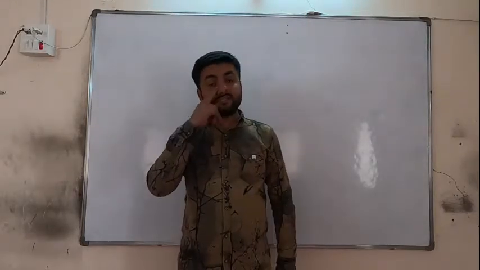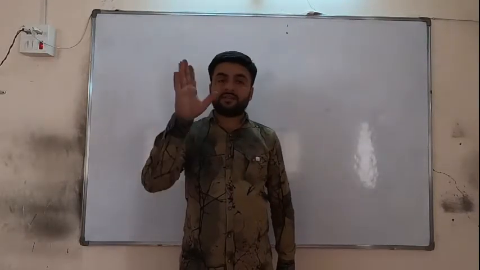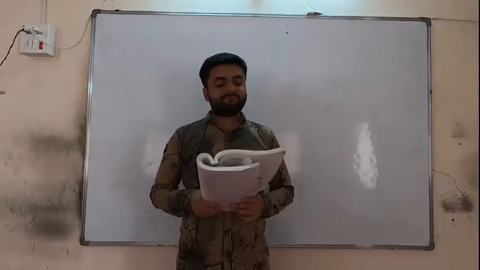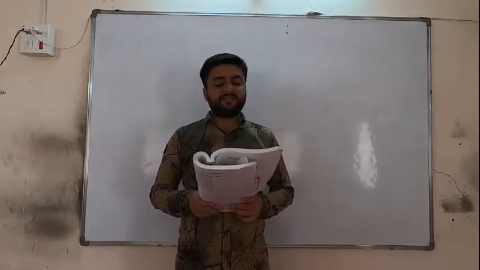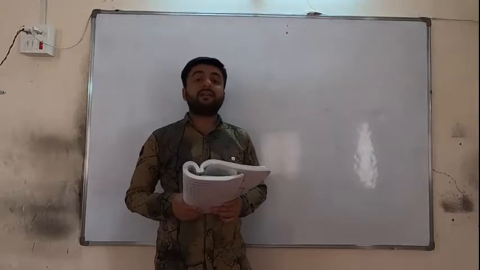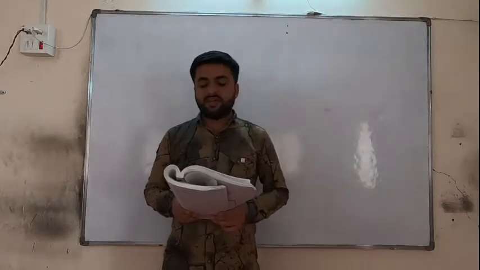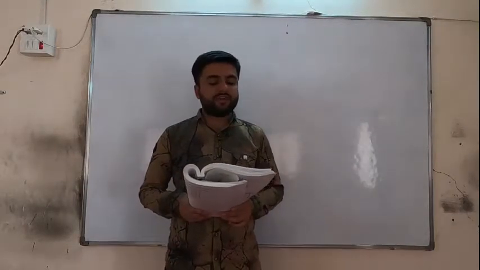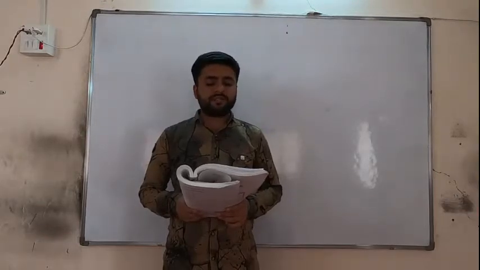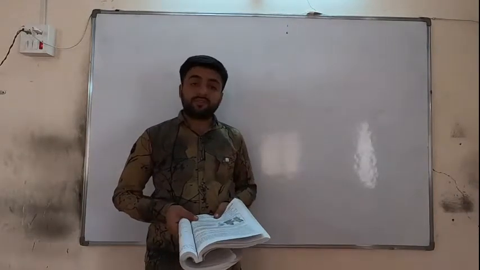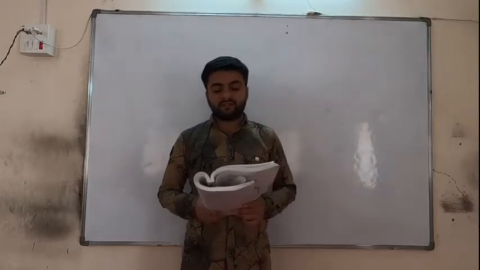So standard deviation is denoted by s, and if we remove the square root and keep the square, that is variance. The well-known statistician Karl Pearson defined standard deviation as, underline this, the definition of standard deviation: standard deviation is the positive square root of the mean of squares of deviations taken from the mean.